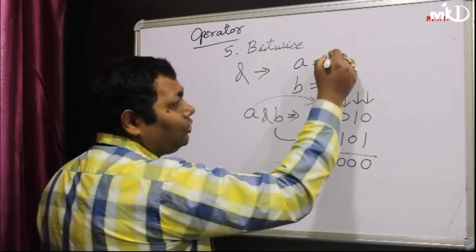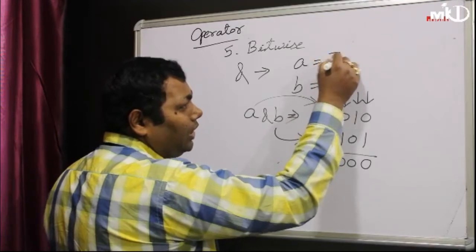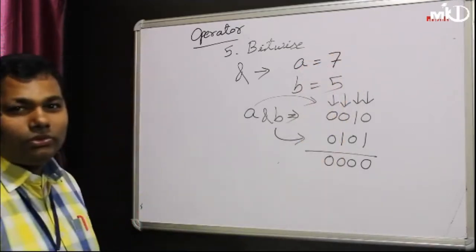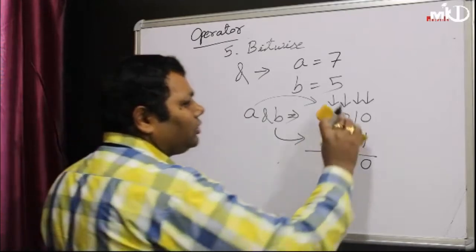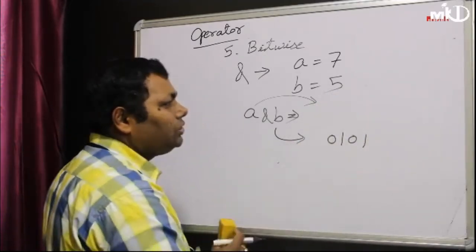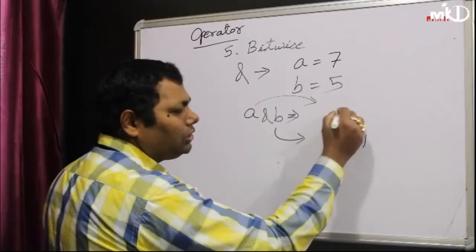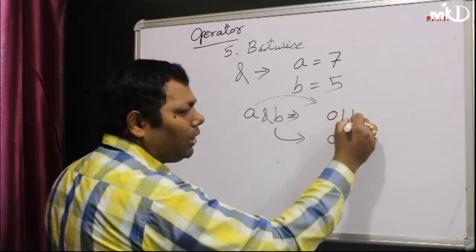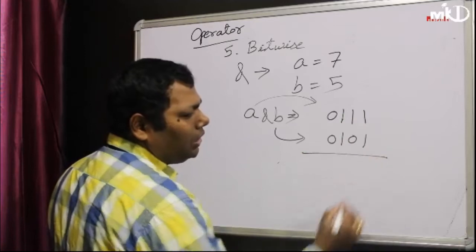Let A equal to 7 and B equal to 5. Okay? So let's do the operation. No change in B, change in A. So this is 1 1 1. Okay?